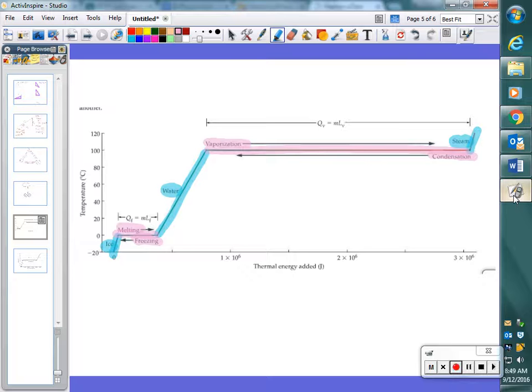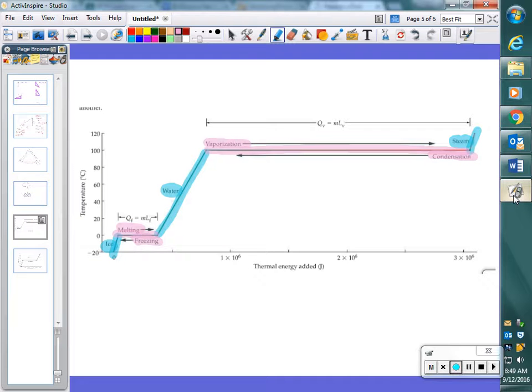So instead of the heat being added going to changing the kinetic energy of the particles, it's actually going to change the potential energy of those particles. And so we end up with the particles being set and rearranged so that they can be ready to move into that different phase.